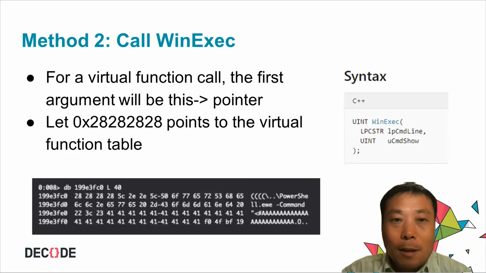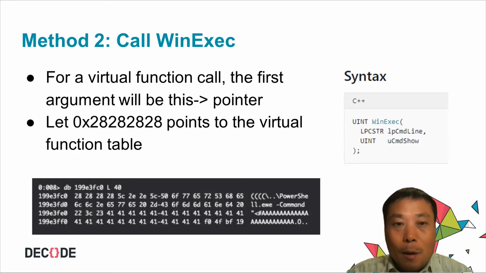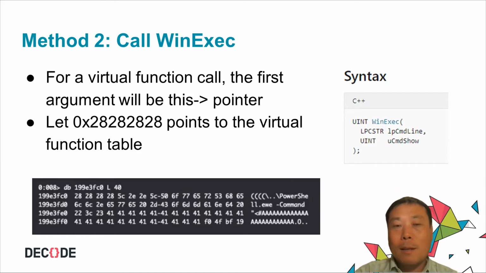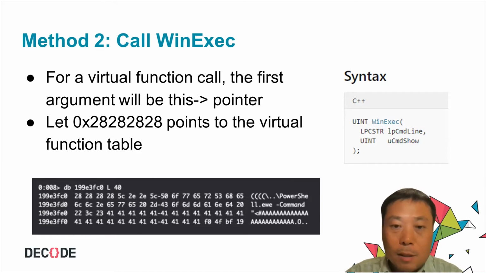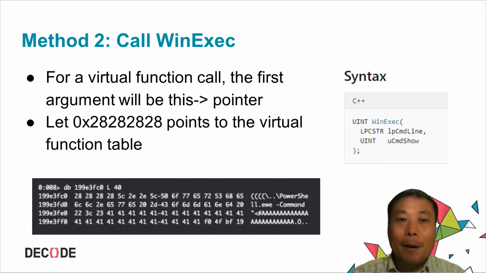The second function call we can use is WinExec. This function basically takes a string and runs it as a shell command. So it's simpler compared to VirtualProtect.